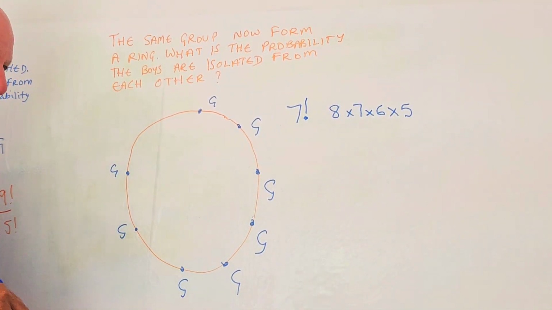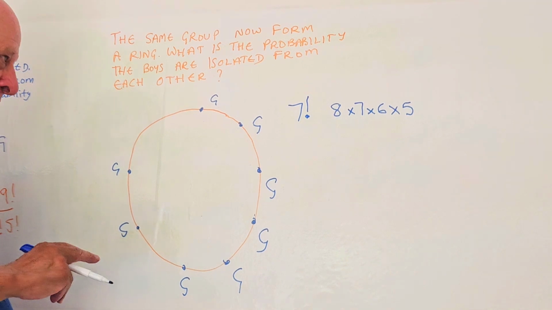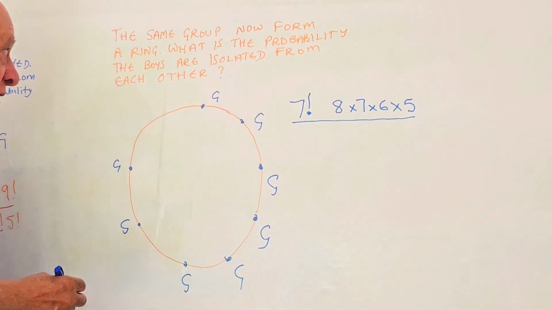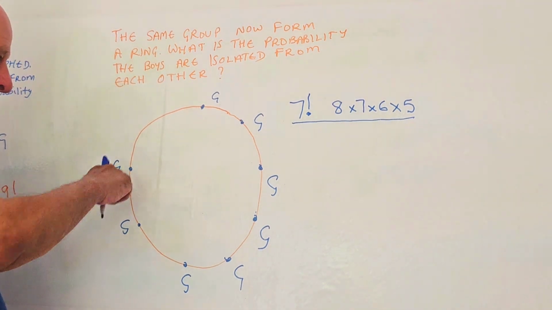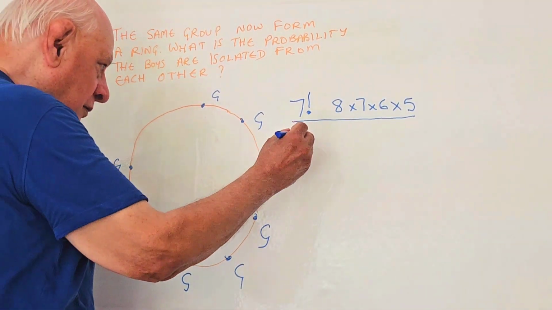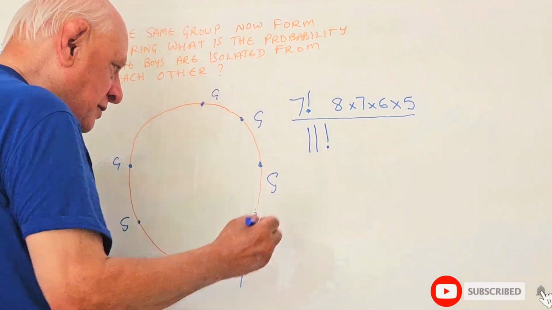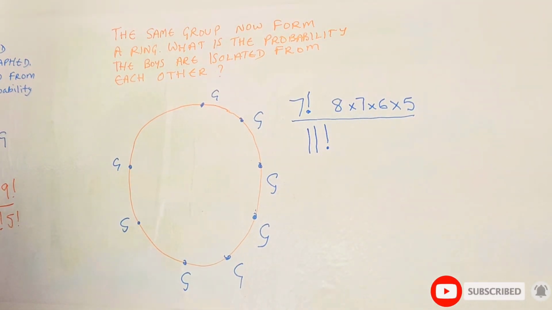But for now, I'm just asking you to swallow that one, okay? And the total number of people here is 12, but they're arranged in a ring. So again, I'm going to ask you to swallow this, that the number of arrangements there will be 11 factorial.